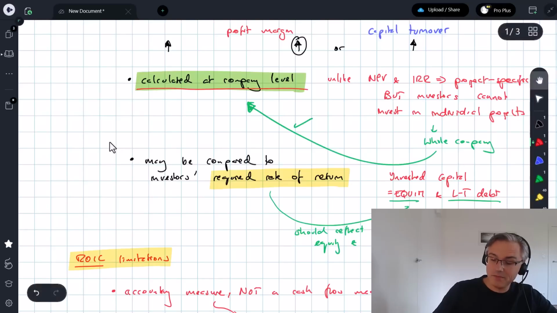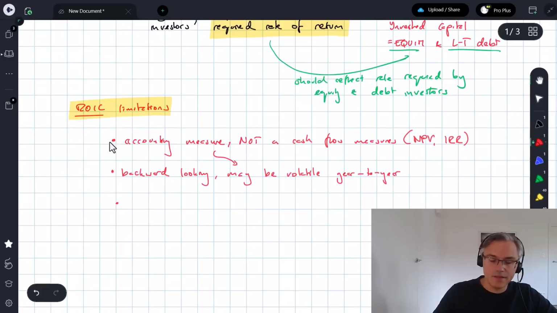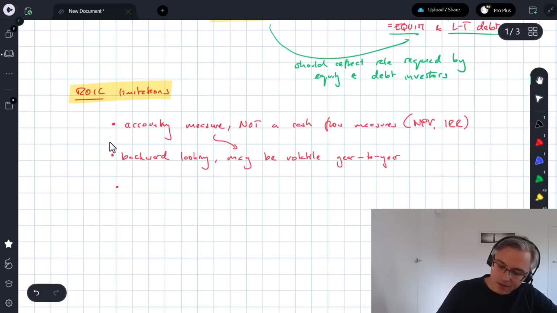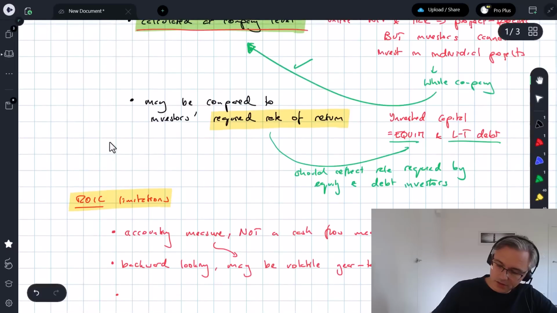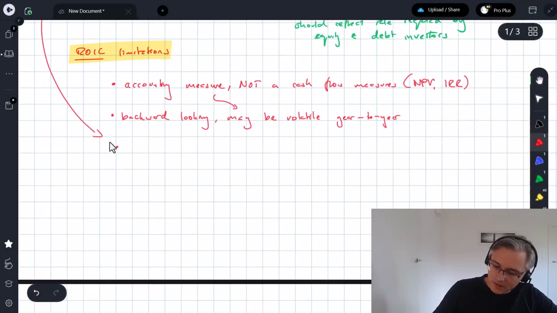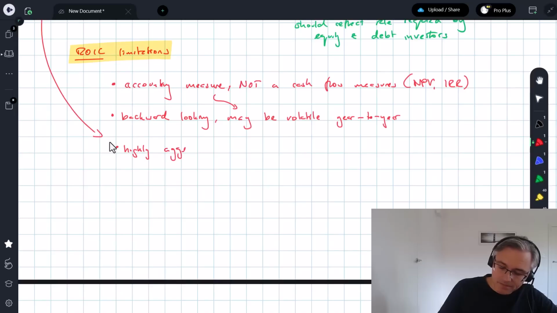And third of these is a measure that's going to be a reflection of what I said previously: return on invested capital is computed at the company level, and that was a benefit, seeing as investors look at companies as a whole. But that same argument can be turned into a drawback or limitation, because the measure itself is highly aggregated at the company level.